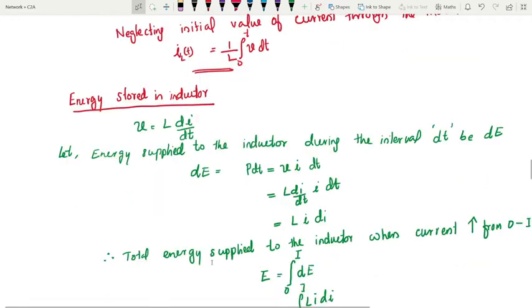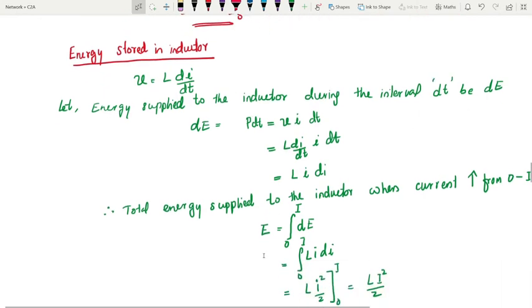Now the total energy supplied to the inductor when current is increasing from 0 to I ampere is equal to the integration of this energy during the interval 0 to I. So E, the total supplied energy to the inductor, is equal to integral 0 to I dE, which is equal to integral 0 to I. Instead of dE, we can write L i di.